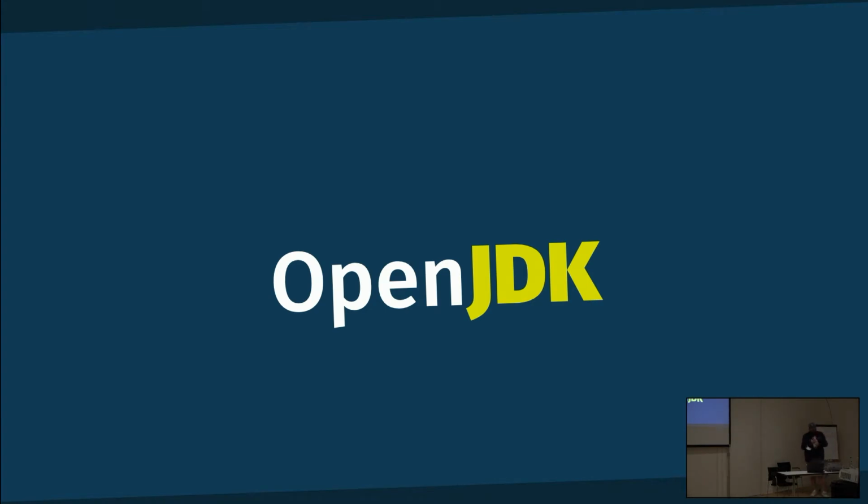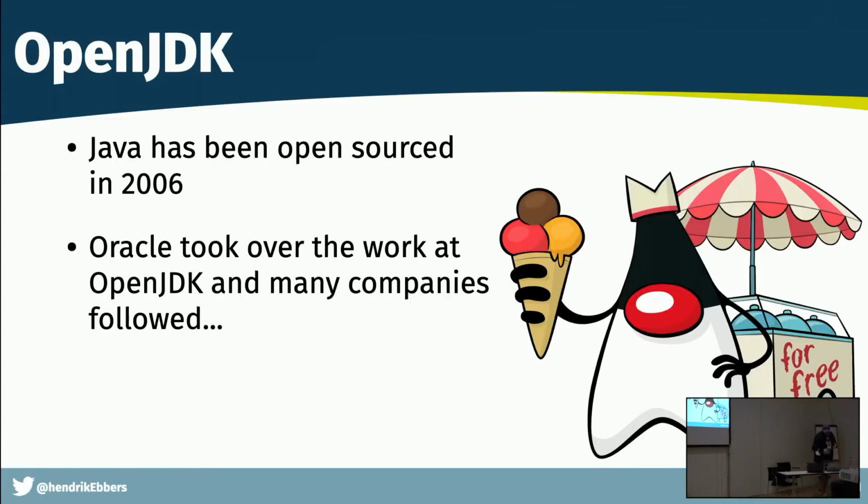As some of you might know, the OpenJDK is like the open source part of Java, how you can call it. So Java as a product has been open sourced in 2006. This happened by Sun because at that time Java still belonged to Sun.